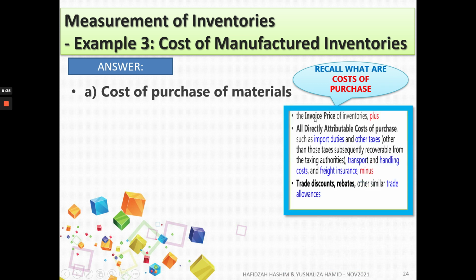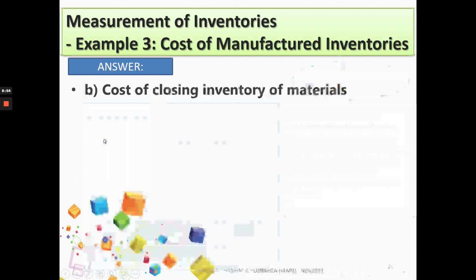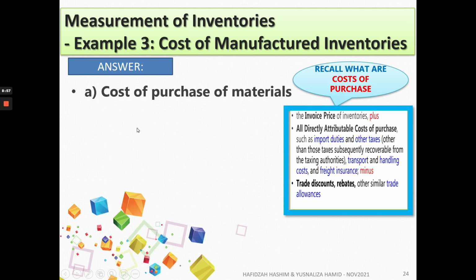It has three components: the invoice price, the directly attributable costs of the purchase, and deduction of the trade discount, rebate, and trade allowances. So we have our items selected. The first one is the purchase price. Remember, we are purchasing 20,000 bags as per the previous information.